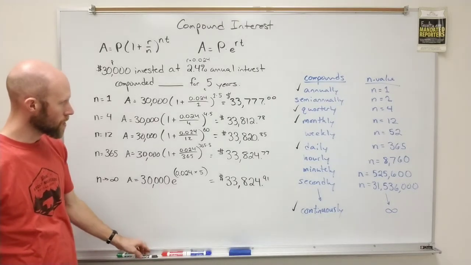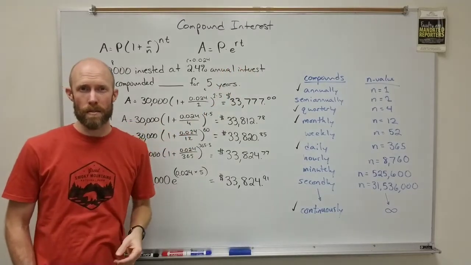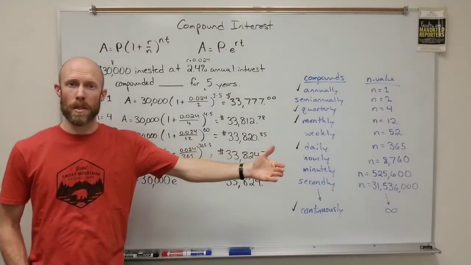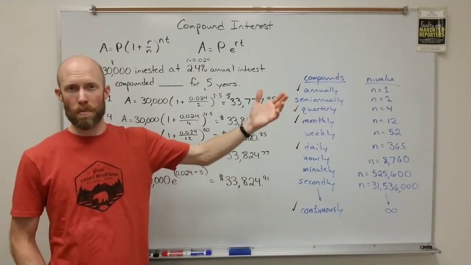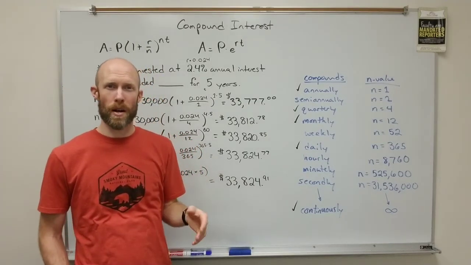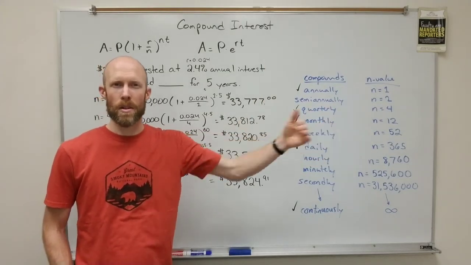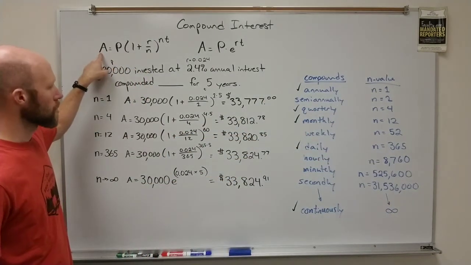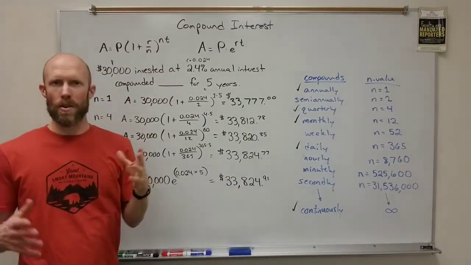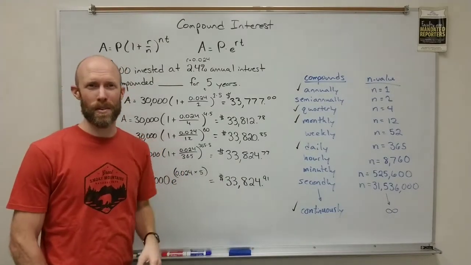Now, what's interesting about these two formulas is you can really solve for any of the variables in there. For instance, if I knew what I wanted my final amount to be, maybe I was putting money away for my kids' college when they were born, and in 18 years I want to have a certain amount, right? So I want the final value to be a certain amount, and I know the time is 18 years, and I already know the rate, because I can look that up on the bank's website or whatever.